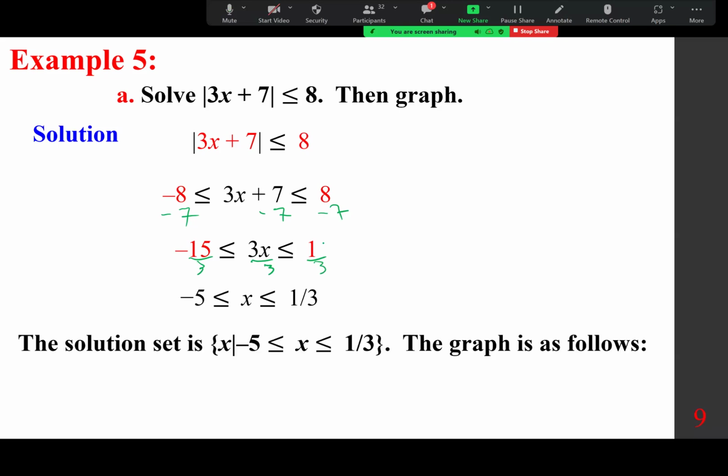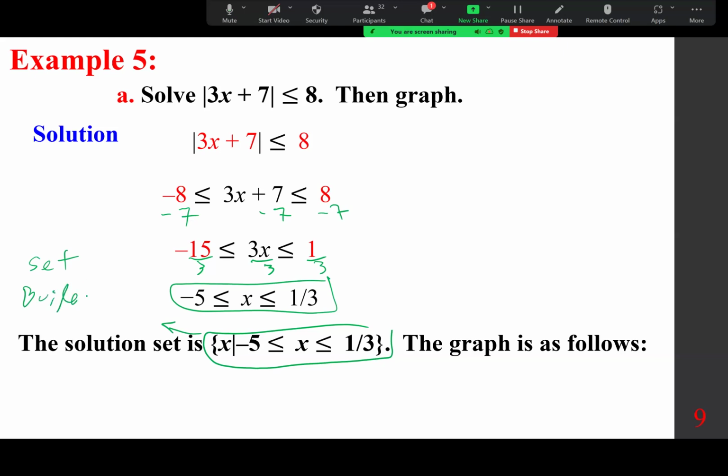Now, you don't have to write this because this is really the answer, but in case. This is set builder notation, by the way. The solution set is called set builder notation. Okay.